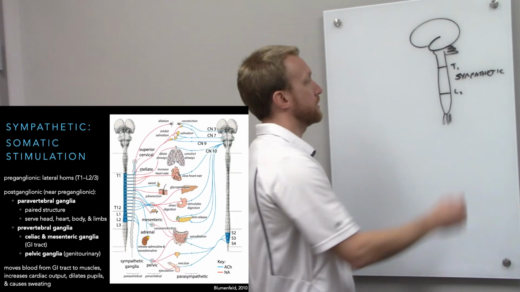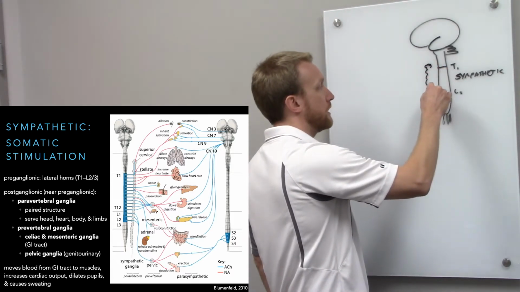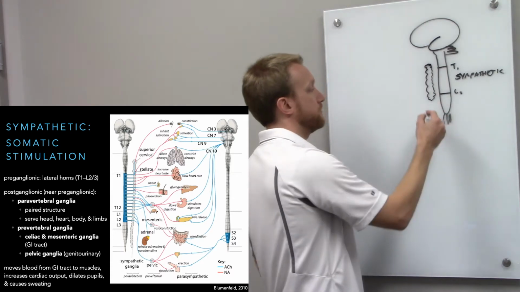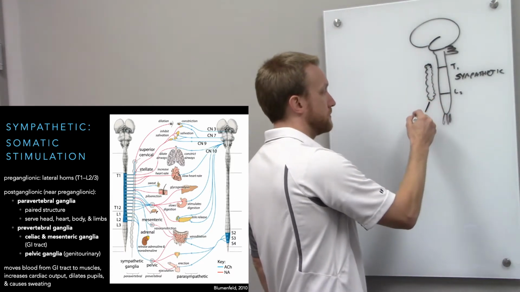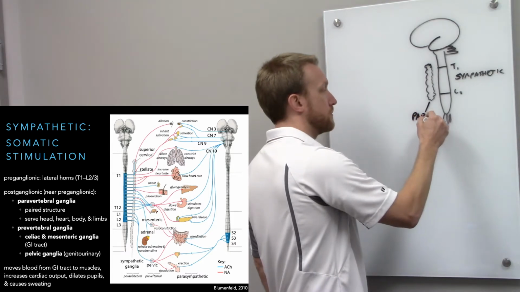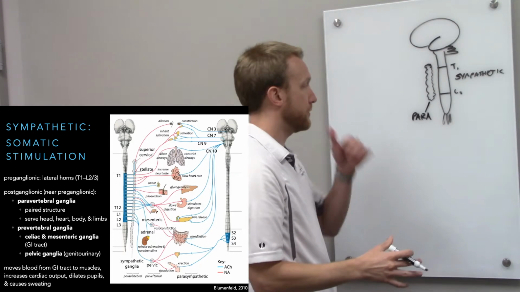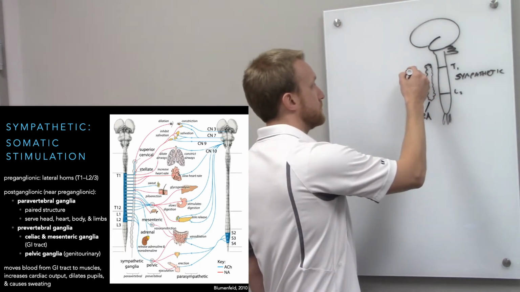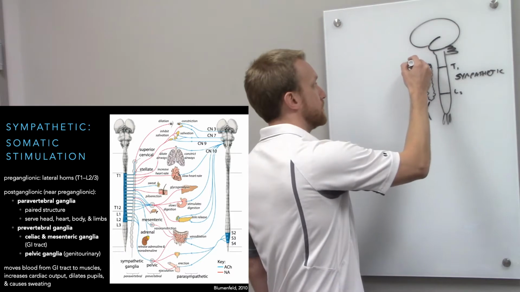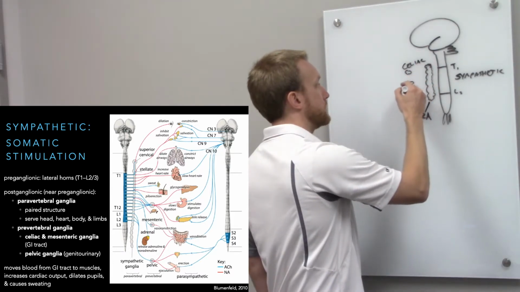The postganglionic neurons, for the most part, live nearby in the paravertebral ganglia. And then a few others are scattered around the body on blood vessels, such as the celiac or mesenteric ganglia.